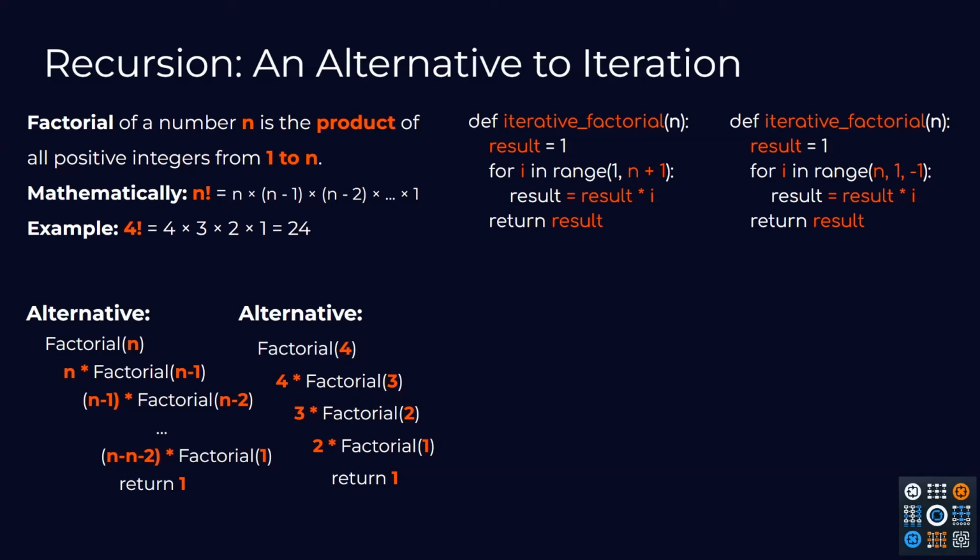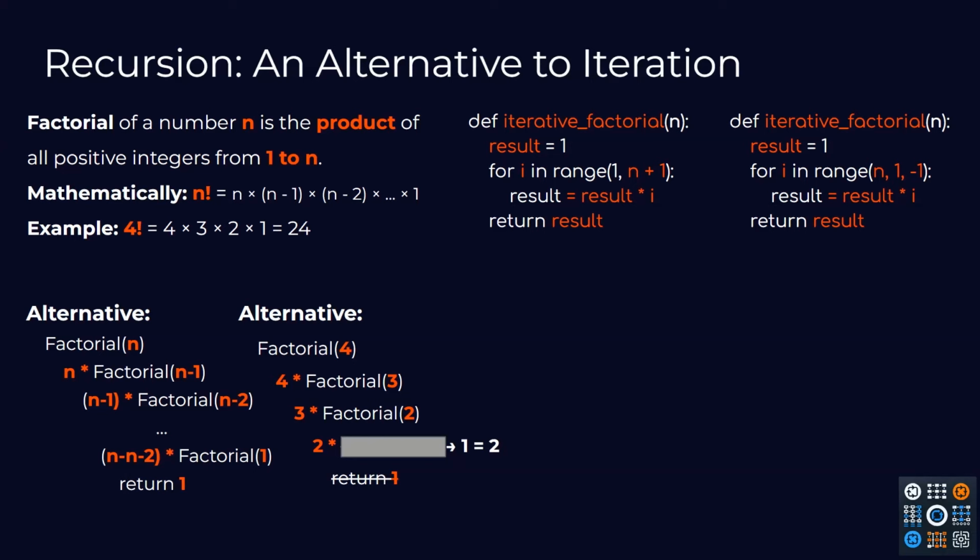Let's unroll how the factorial is computed using this recursive process by propagating values backwards. We know when we call the factorial with 1 as input, it simply returns 1. So we replace the call to factorial of 1 with simple 1.